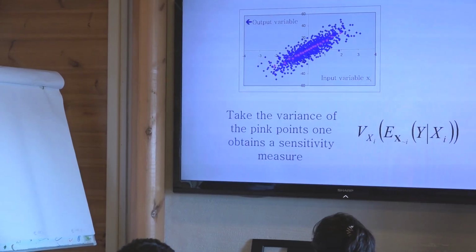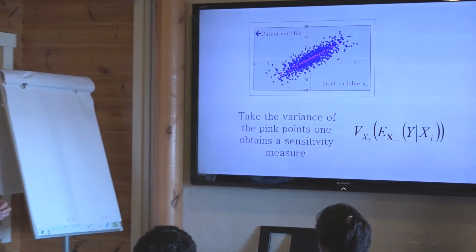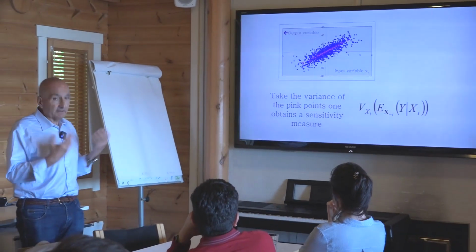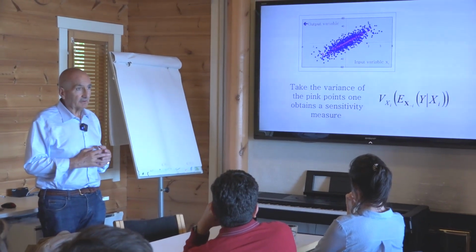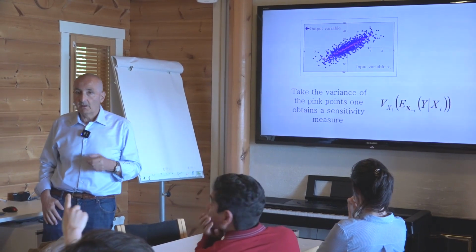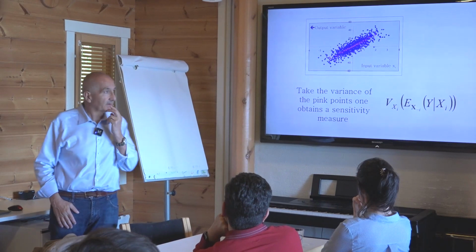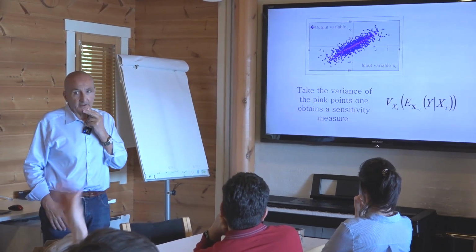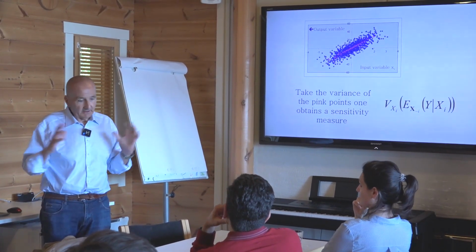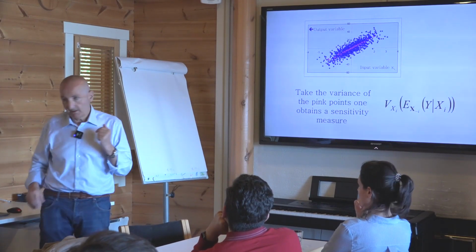Then the next step is to take the variance of this conditional mean, no? And this is a sensitivity measure of the first order. So in a sense, we are taking the variance of all the pink points, right? Yeah, the variance of the pink points. Exactly, which are the averages. So this compacts in a single number what you would otherwise have to look at as a scatter plot.